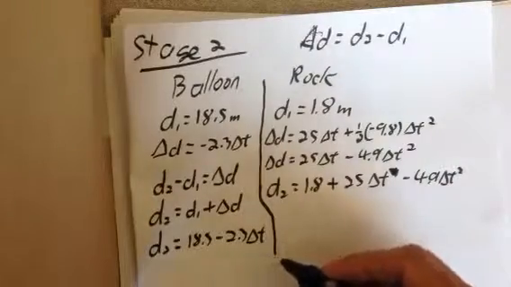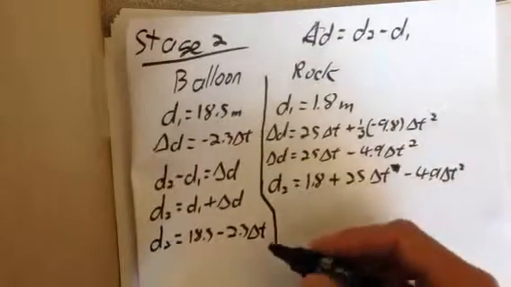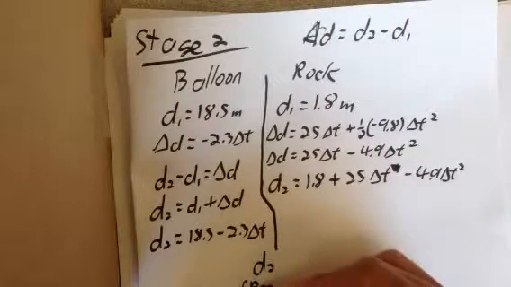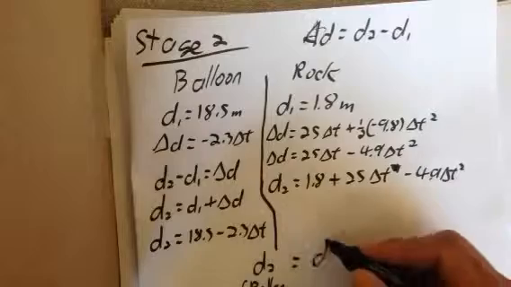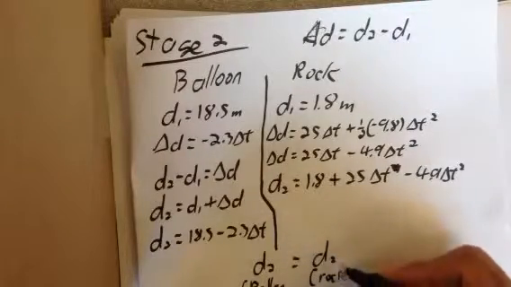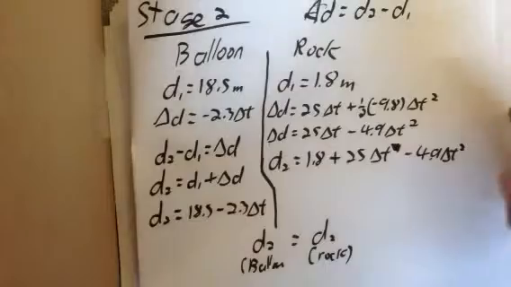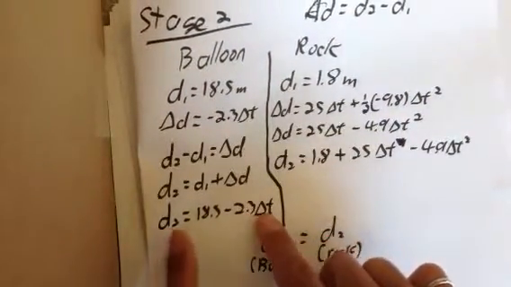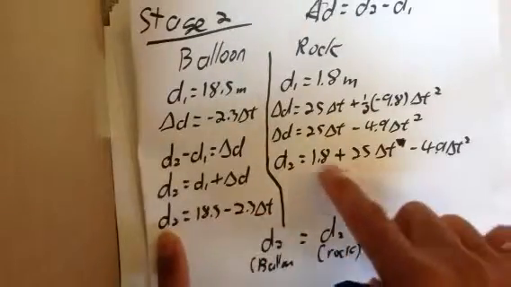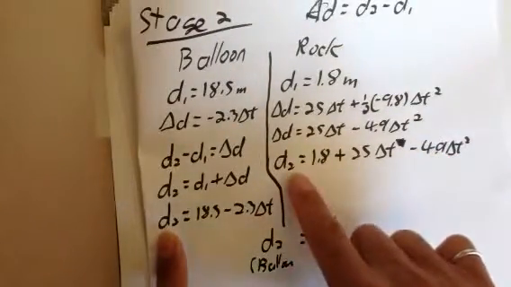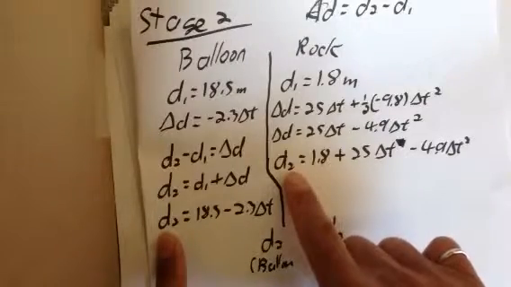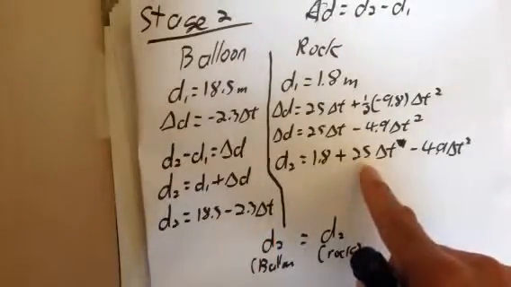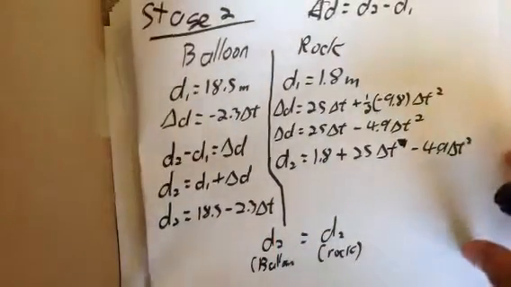What we want to do is find out where the rock meets the balloon. So we want the final position for the balloon to be equal to the final position for the rock. So I'm going to make this side of the equation that describes the final position of the balloon equal to this side of the equation that governs the final position of the rock. And when those two are equal to each other, we solve for delta t, and that's going to tell you the time where the rock meets the balloon.